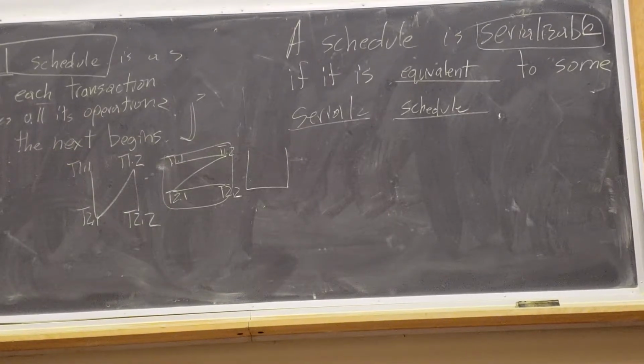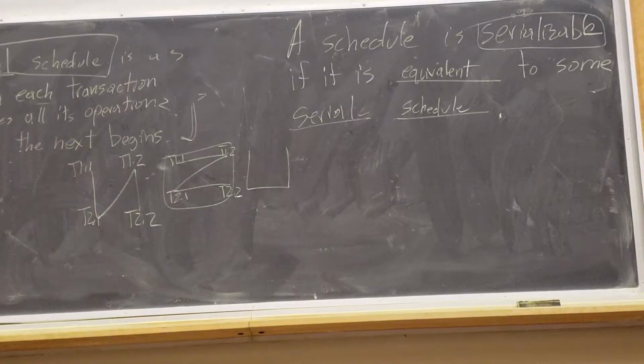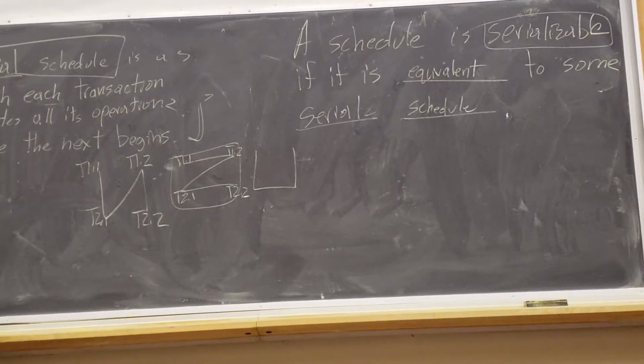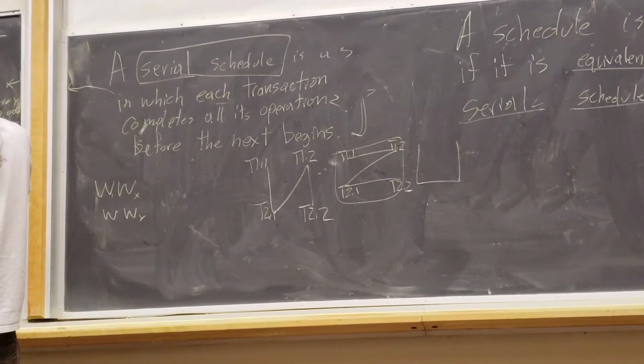Let's see. These two operations conflict because they're writes on X, and these two operations conflict because they're writes on the other item. So we have two write-write conflicts. And in the serial schedule, you can't start T2 without T1 finishing.